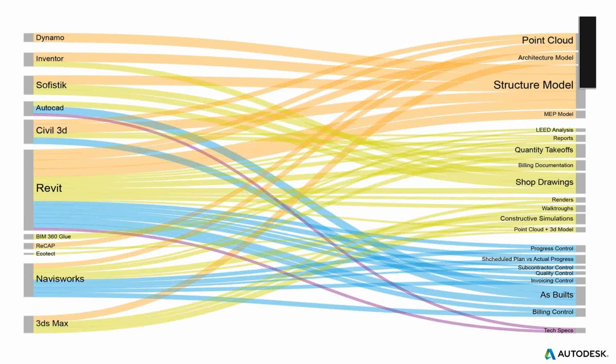In this case, this is actually a construction company in Mexico that is working with us, and they come to us and say, hey, look, this is our process. We're using a lot of Autodesk tools, and we're a big design-build company, so we self-perform a lot of work. These are the things on the right that we want to create, and these are the things on the left that we're using to create them. We need a better way to connect the dots.